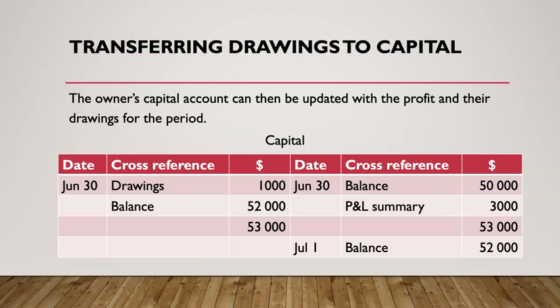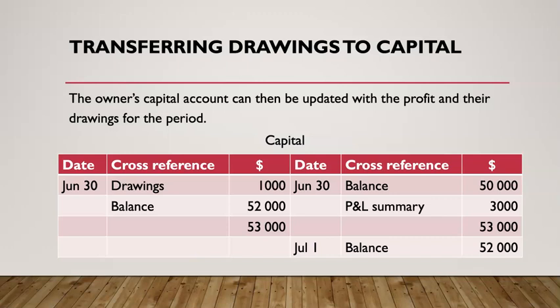On June 30, for example, this business was originally worth $50,000. We know that we have made $3,000 of profit, which increases our business worth, and $1,000 of drawings that decreases our business worth. Hence one a credit, one a debit.